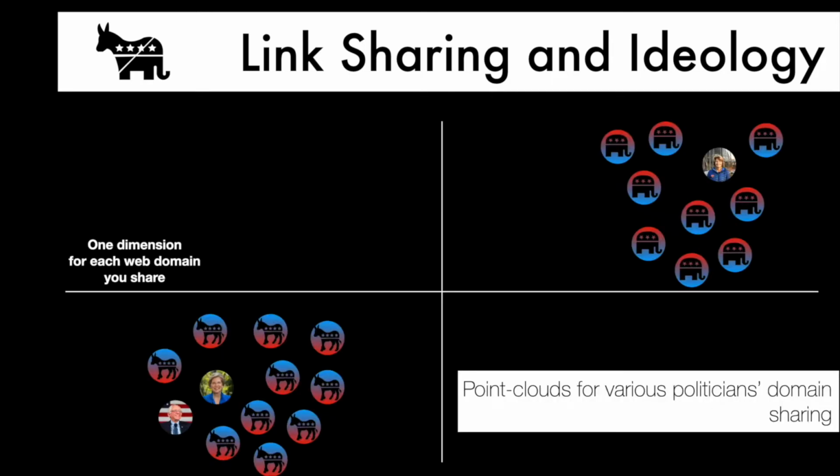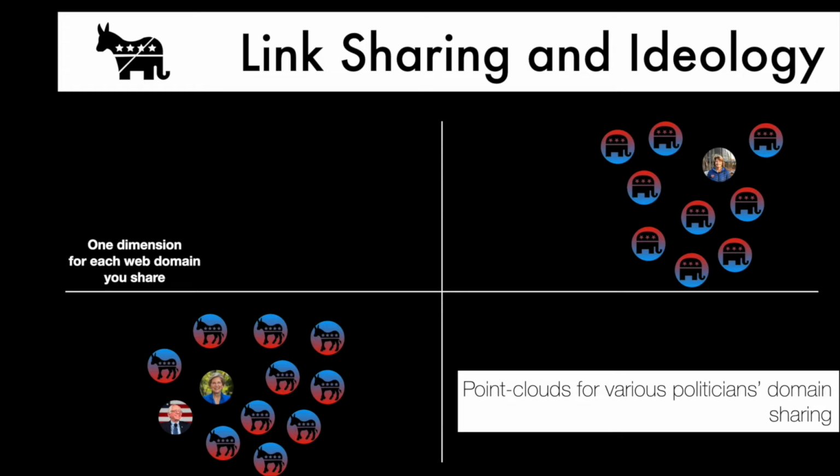Now, we don't really know what exactly that says from a latent factor perspective, or a hidden feature kind of perspective, but you could imagine that if you look at some really high dimensional cloud where the dimensions are the domains that you share, politicians who are conservative are going to group together in some space, and politicians who are liberal are going to also group together in some other space.